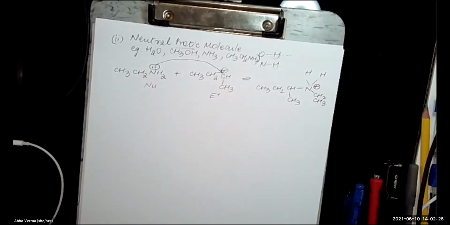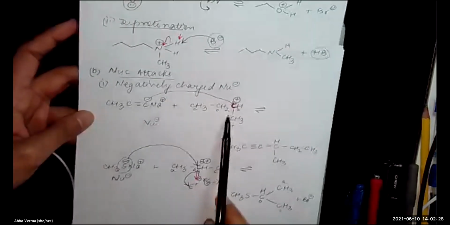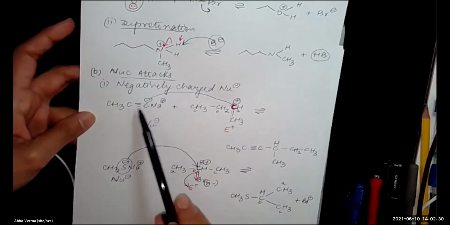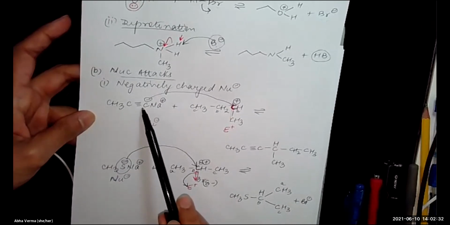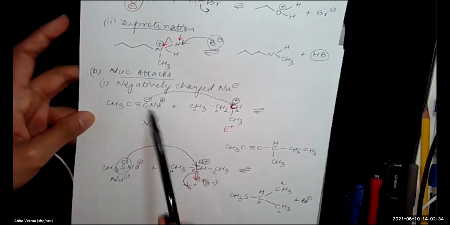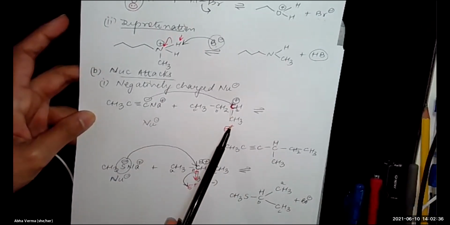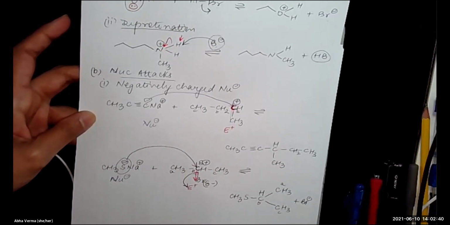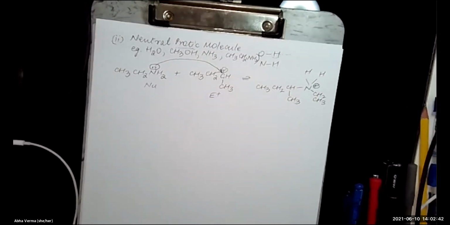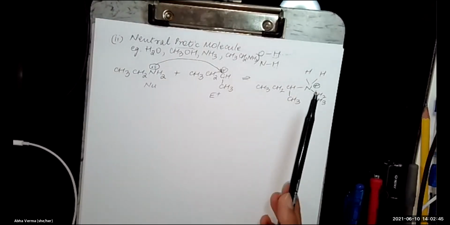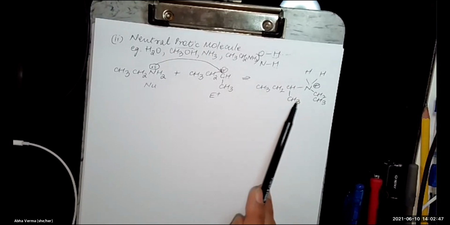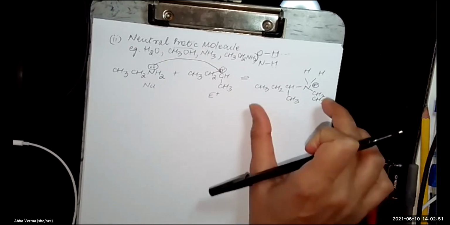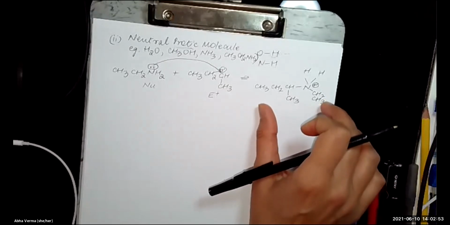And this is in difference to what we saw here. Why? Because we had started out with a negatively charged group. When we attacked on the similar substrate, we just generated our product. We did not generate any intermediate. This is an intermediate that we can isolate, we can separate out. But this is something that will not be allowed to do.